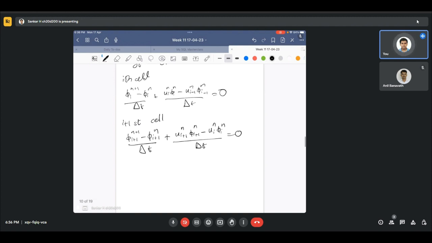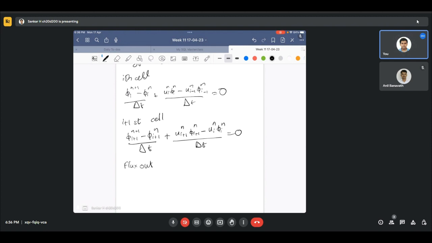So when we write it in this way, we can see that the flux out at the ith cell is equal to u_i φ_i at the nth step, and the flux in at the (i+1)th cell should be equal to u_i^n φ_i^n.